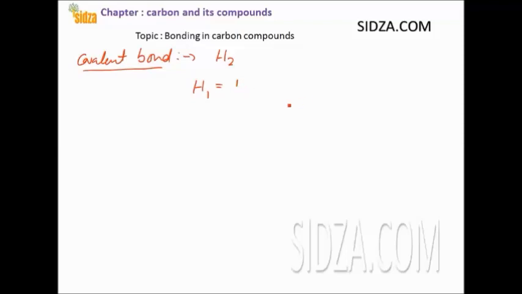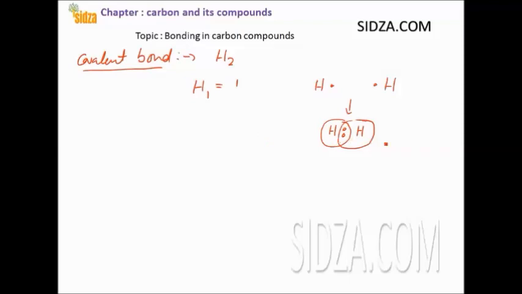So it has 1 electron in the valence shell. Another hydrogen atom has the same configuration, 1 electron. These two hydrogen atoms share the electrons in between, and this electron pair becomes a common property for both hydrogen atoms.